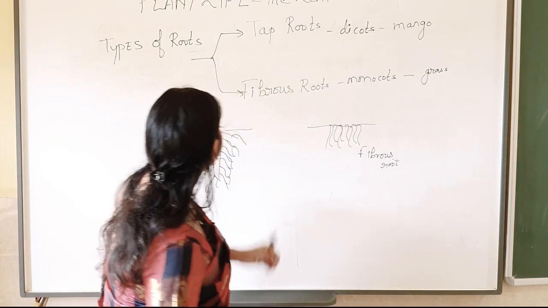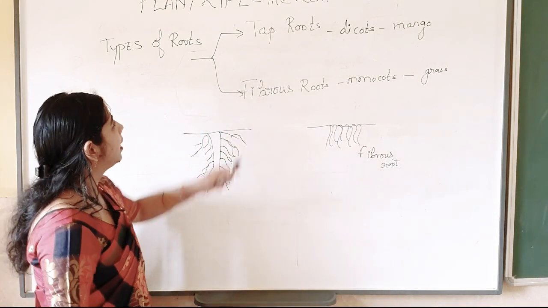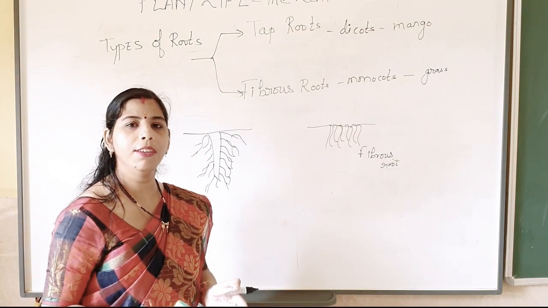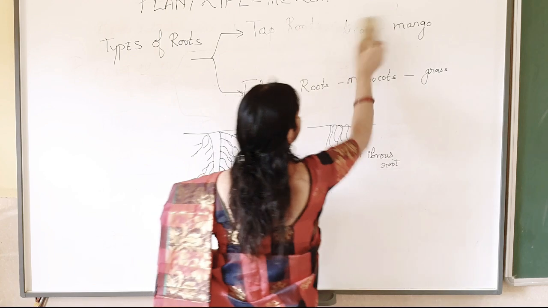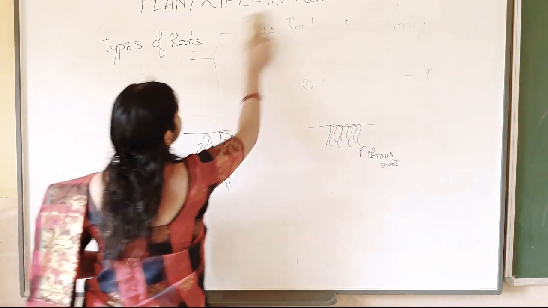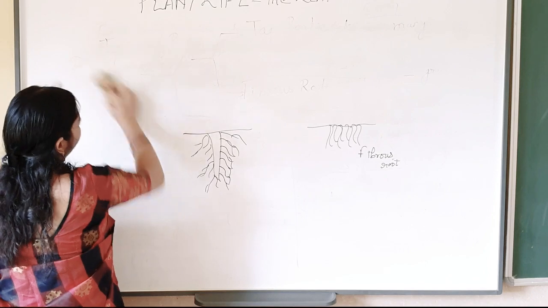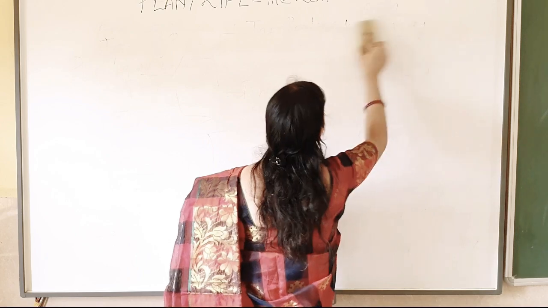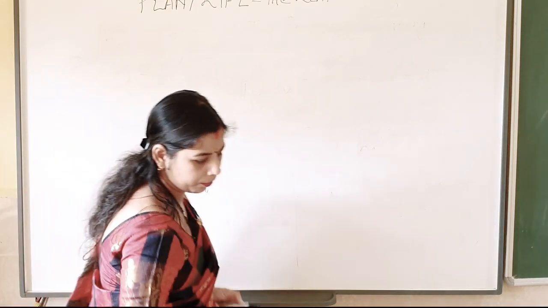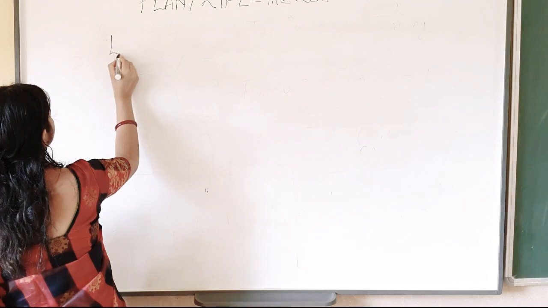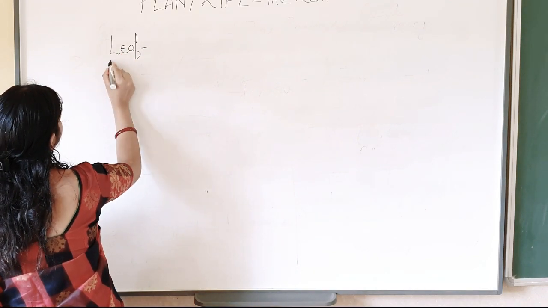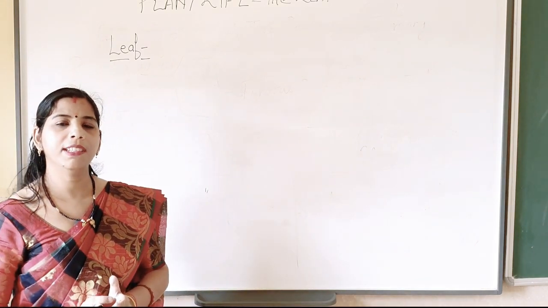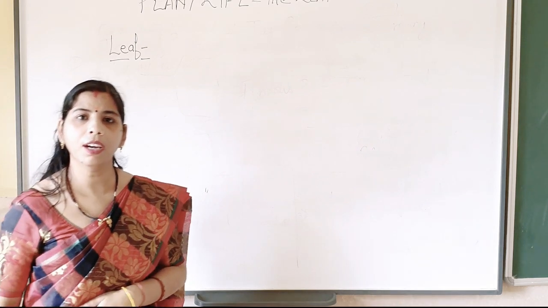Now let us start the main topic of this chapter, that is the leaf. That means now we will study about the leaf, the function of leaf, the modifications of the leaf. So as you all know, the leaf, it is the green photosynthetic part of the plant.